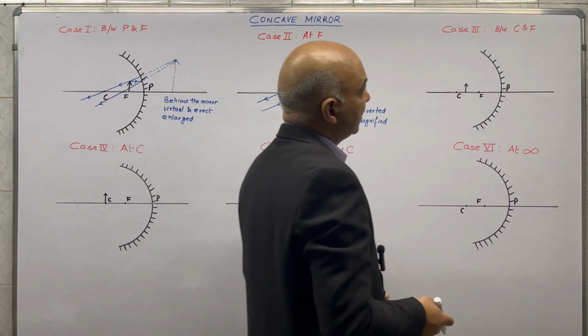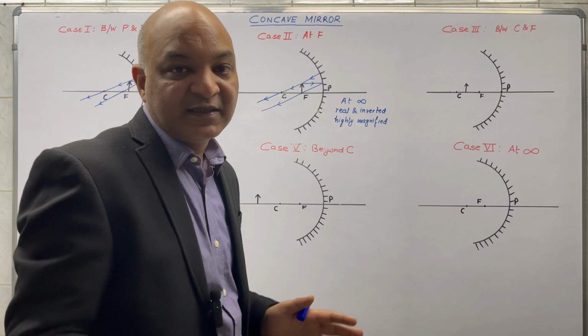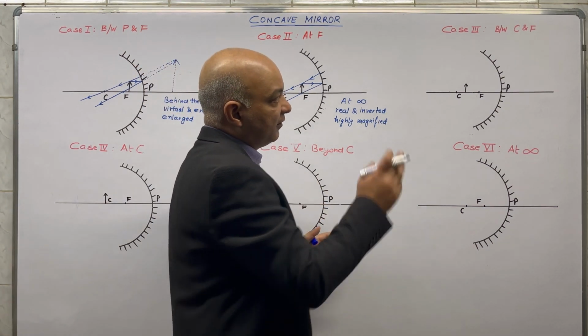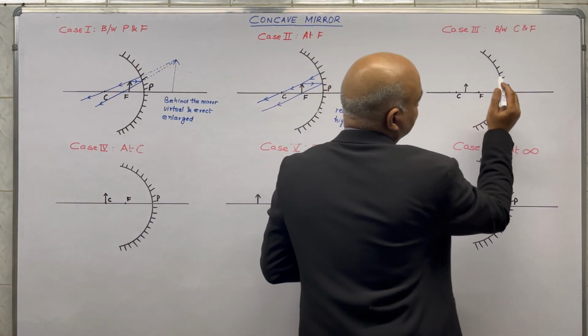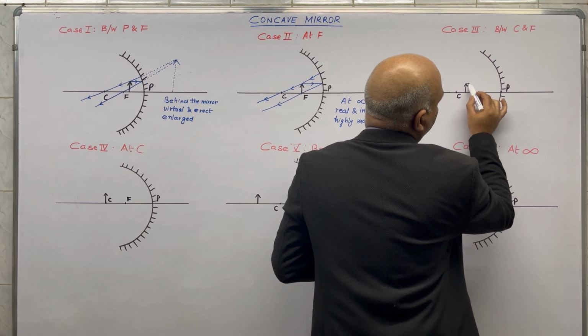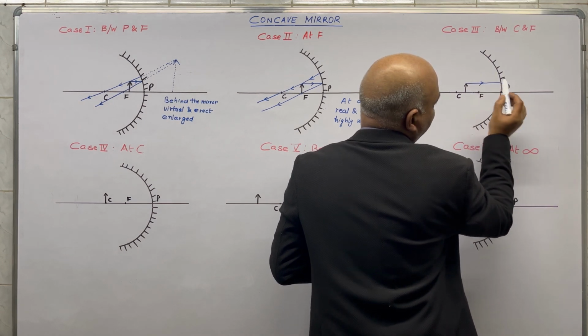Moving on, our third case is when the object is between center of curvature and focus. So again we are going to take first ray parallel to the principal axis.